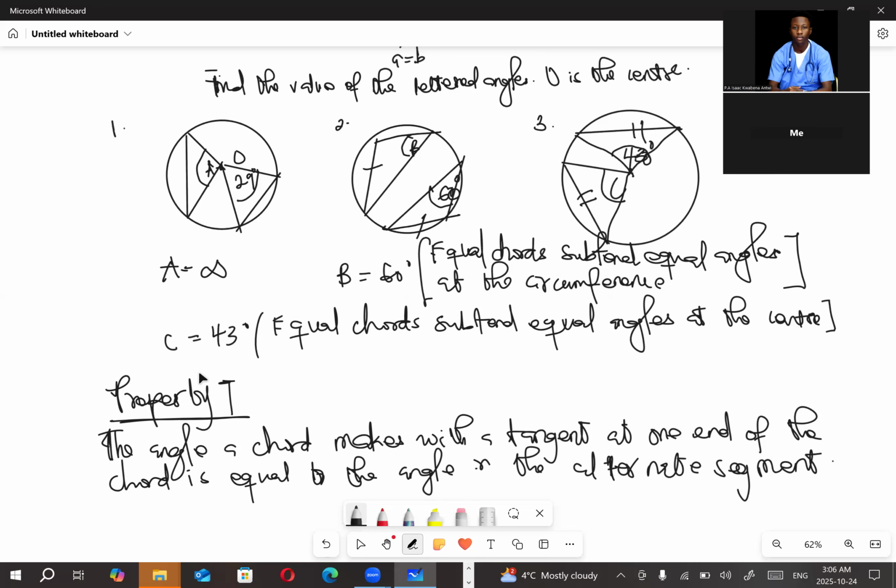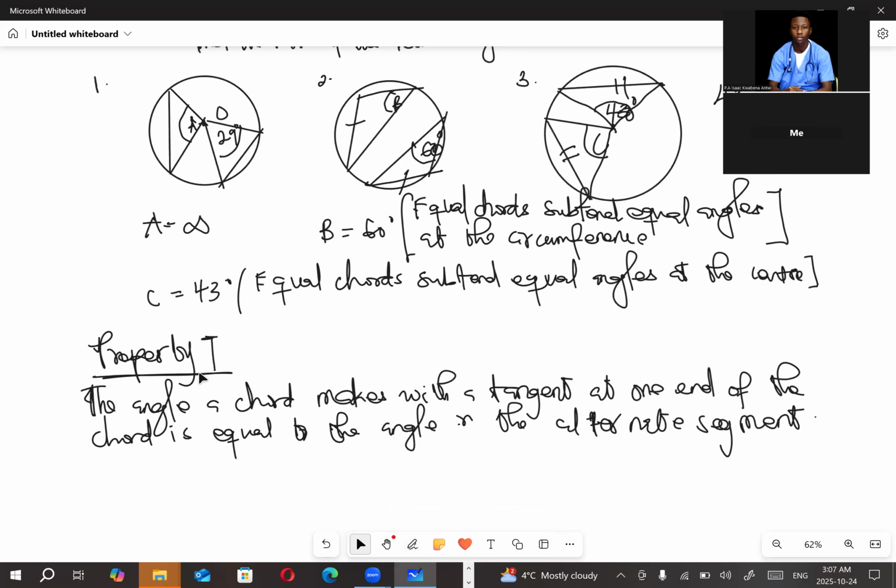The angle a chord makes with a tangent at one end is equal to the angle in the alternate segment.